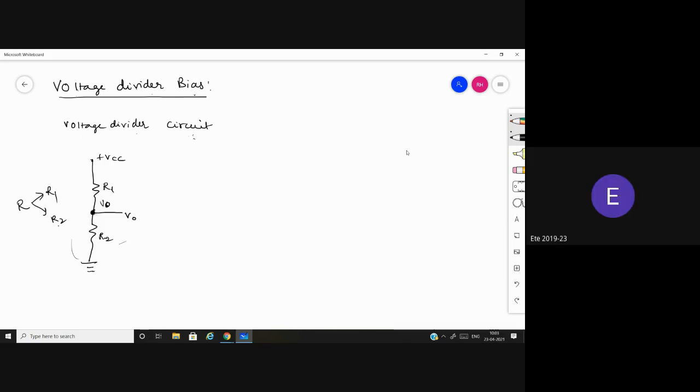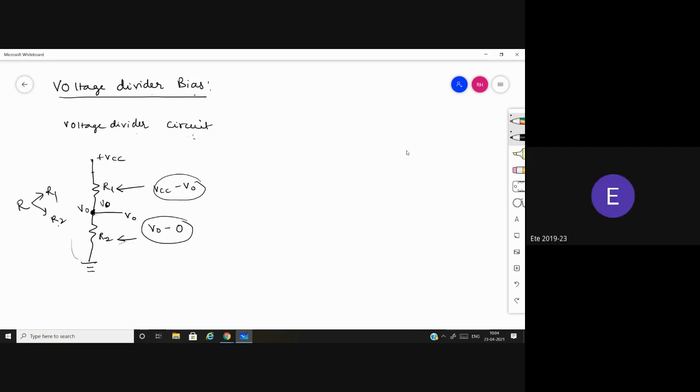But here, the voltage drop is the potential difference between the two ends, right? I will call it VCC minus V naught. When I talk with respect to the voltage across R2, it is V naught minus 0. The potential difference is not the same across both of them.